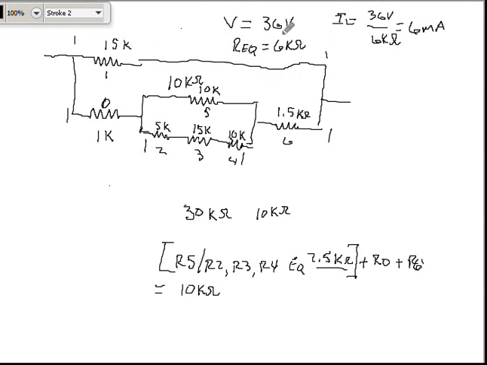So 36 volts divided by 15K for the first branch, 36 divided by 15K equals 2.4 milliamps. Which is going to leave me 3.6 milliamps for this side. So from there to there, I'm dropping 3.6 milliamps.